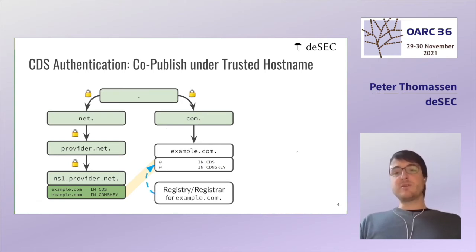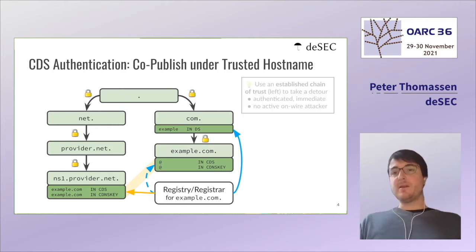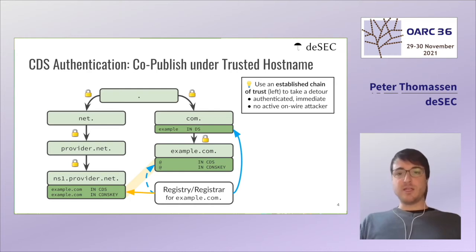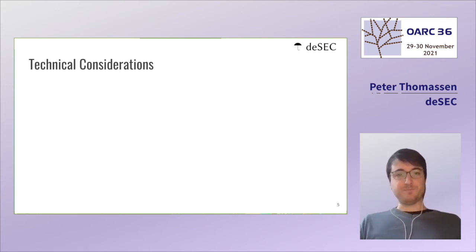Then the registry and registrar can come, look at the child zone, validate that against the records in the name server provider's zone, and secure the customer's delegation at the parent. So we use an established chain of trust on the left to take a detour, and we get an authenticated, immediate way of publishing DS records at the parent that is resilient against active on-wire attackers.